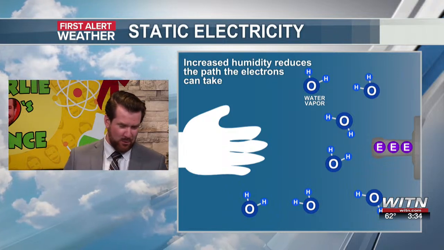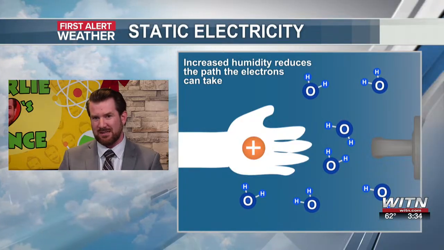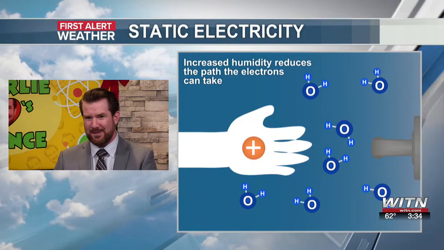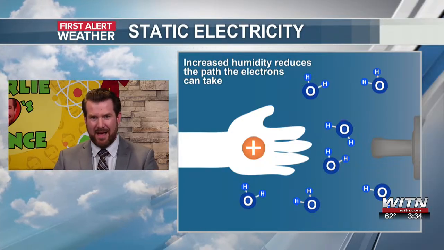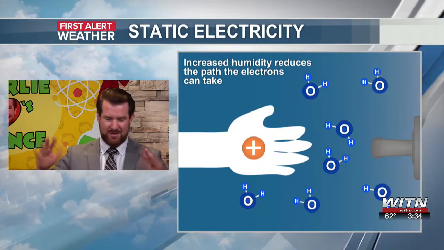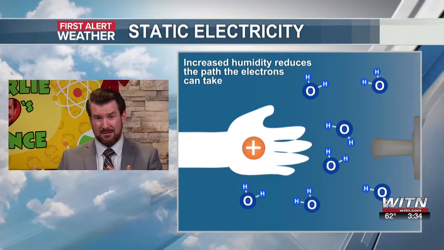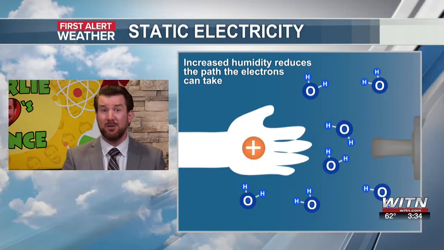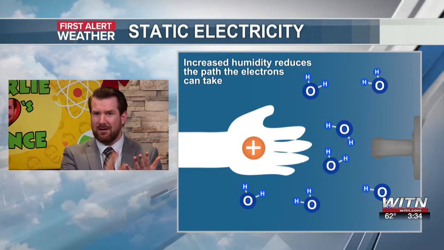But here's what that moisture actually does. It creates a diversion for those electrons off of the negatively charged object in that charge difference. What it will also do is, as our hands are floating around in the air, when it's super humid outside or even humid inside, we get a coating of that water along our skin.